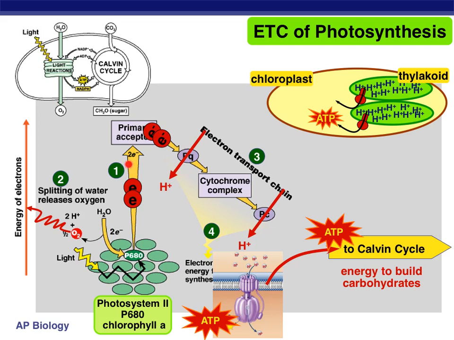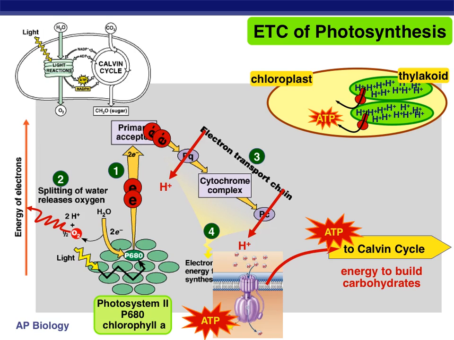Okay, so once these electrons get excited and they change state, they're going to start moving. As they move, they're going to lose some of that energy. That's why they're going from a high state to a low state. And as they pass through, any hydrogen, any protons that we generate are going to start diffusing through that ATP synthase enzyme and creating ATP.